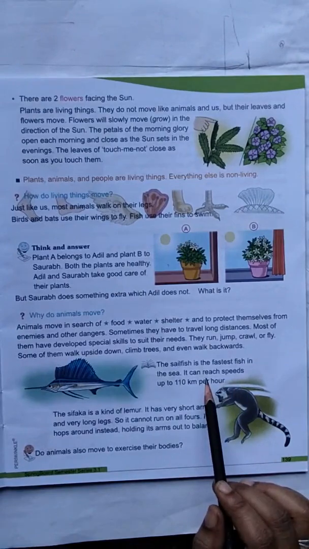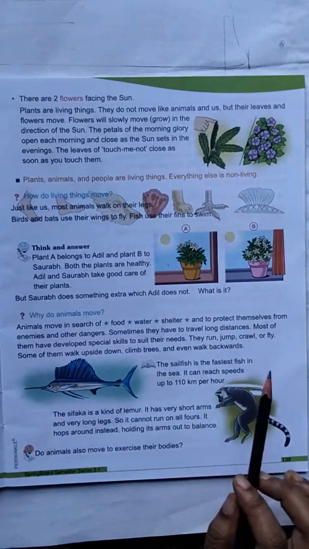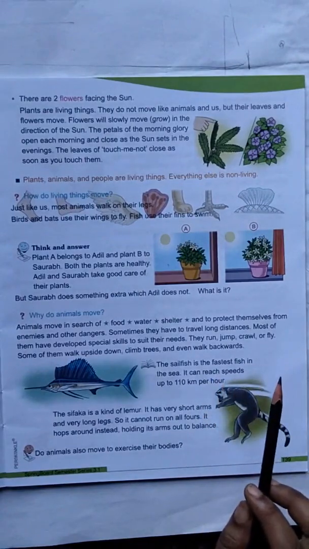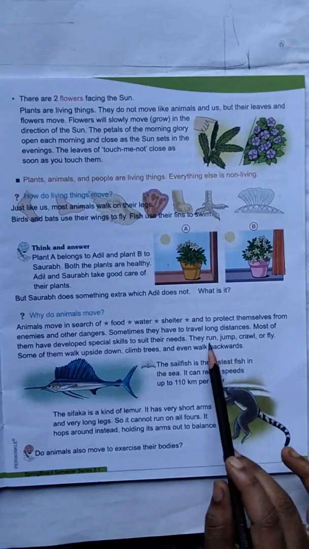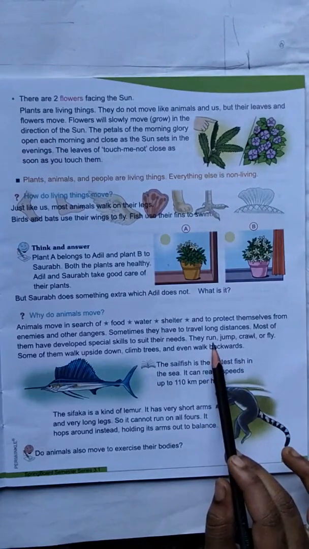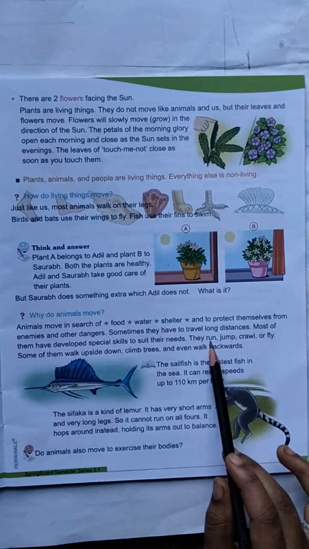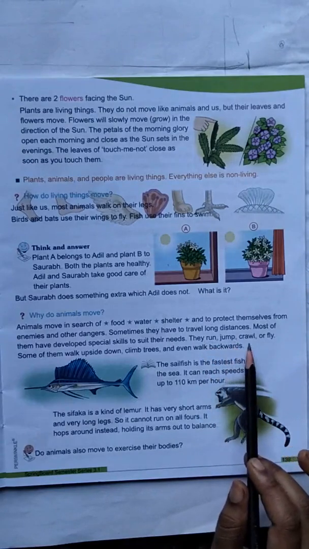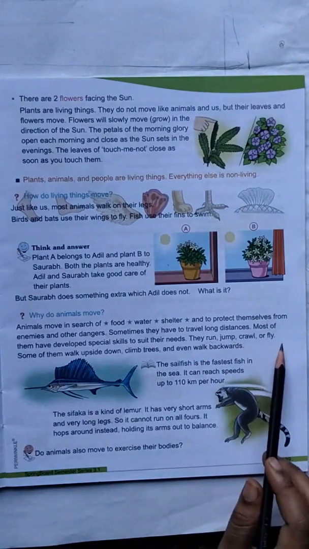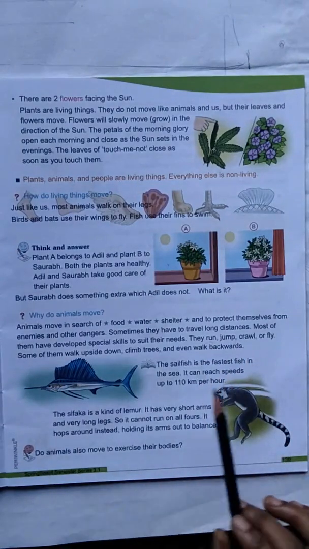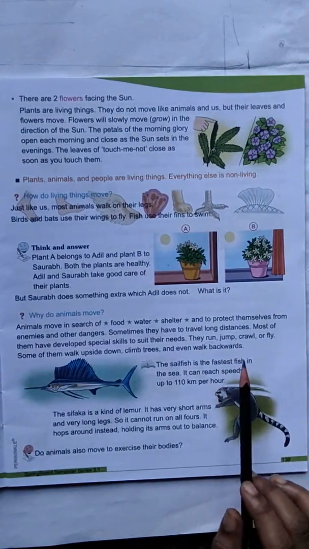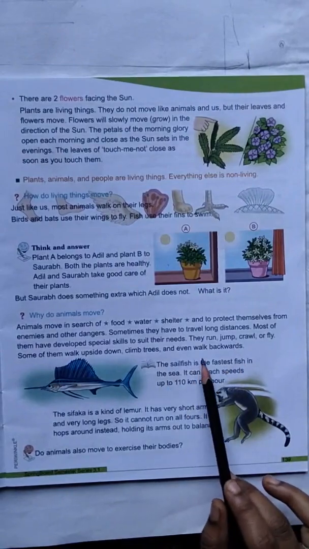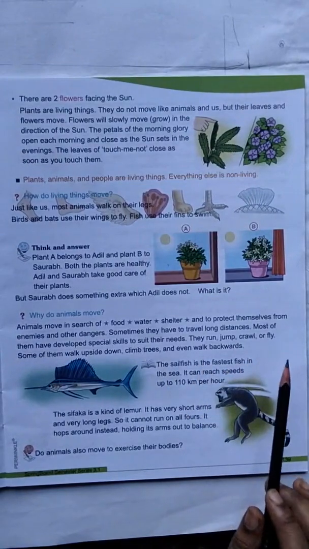Animals run, jump, crawl. Deer and cheetah run, deer jump, snakes crawl and birds fly. Some of them walk upside down, climb trees and even walk backwards.